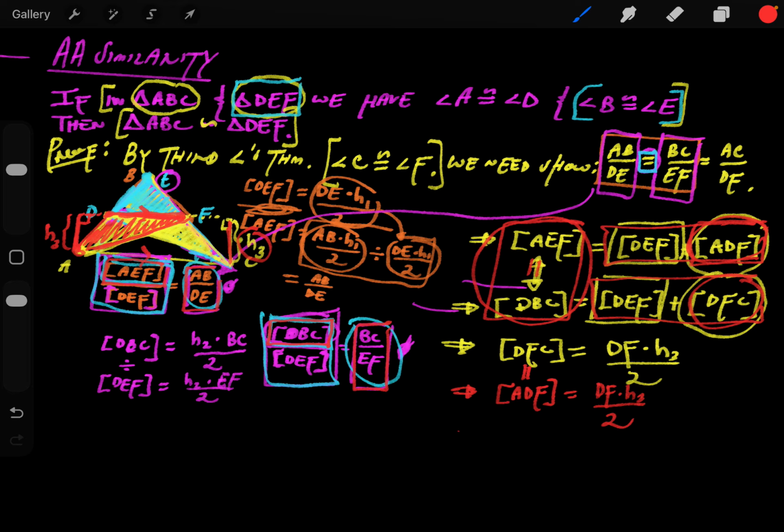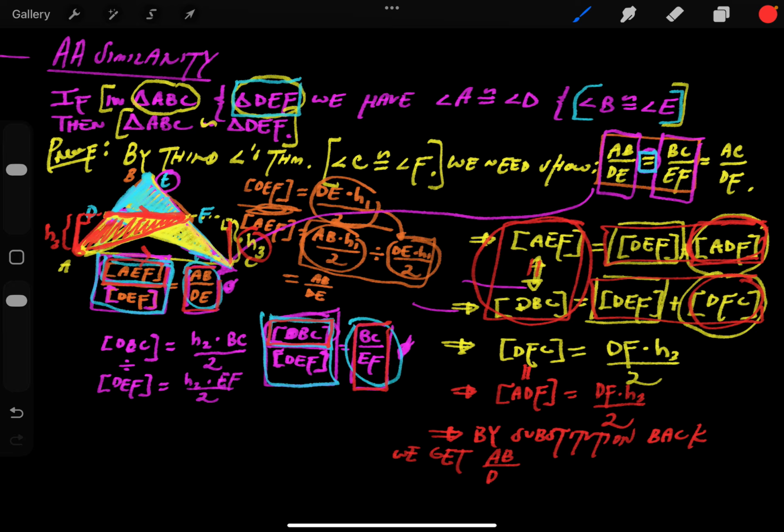And we can say, by a whole bunch of substitution, everything I just said is, let's say, a substitution argument. By substitution back, we get AB over DE is equal to BC over EF.